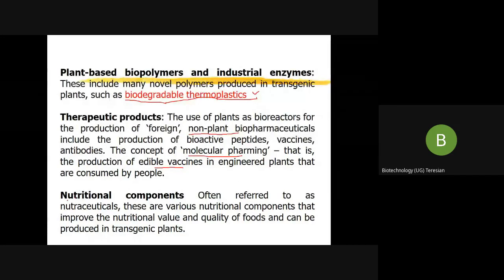Then nutritional components. We all know that we consume food because we want to get nutrition and energy. So these are often referred to as nutraceuticals. What do nutraceuticals mean? They contain nutrition and also pharmaceutical properties. So we are producing plants which can have the nutritional effect and also medicinal property.